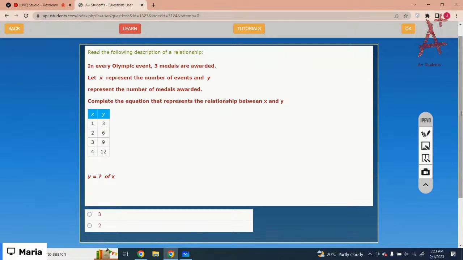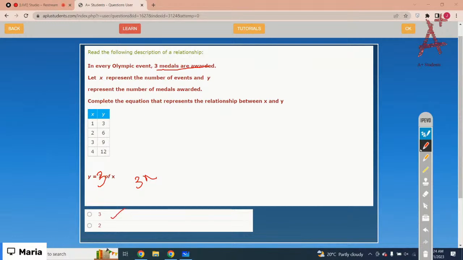As I told you, you just have to read the question carefully. Just read the first line. In every Olympic event, three medals are awarded. So complete the equation that represents the relationship between X and Y. It would be Y equals 3 of X. Got it? It would be Y equals 3X. So the correct option is option number 1, that is 3. Got it?